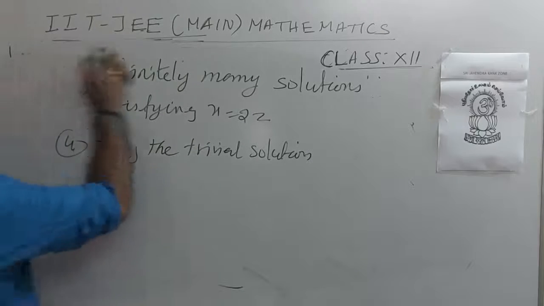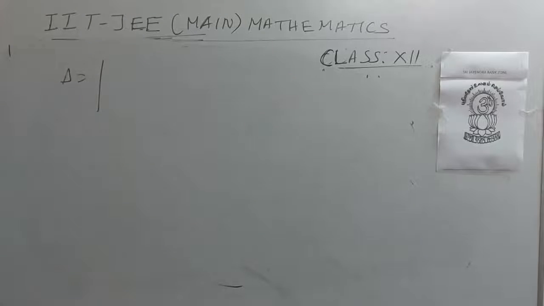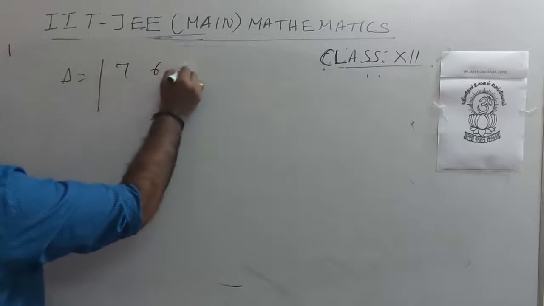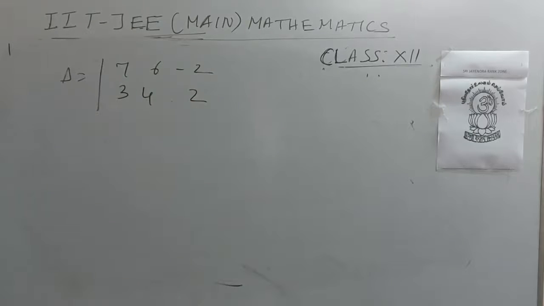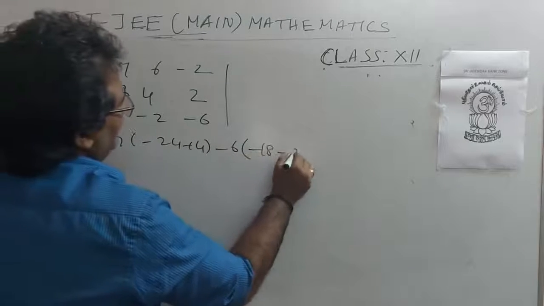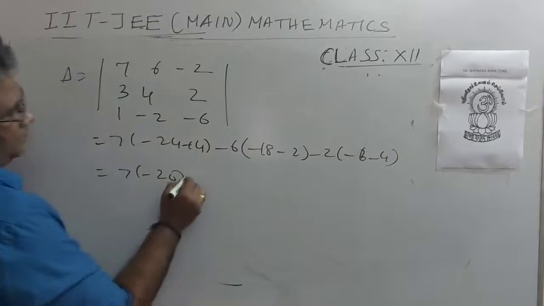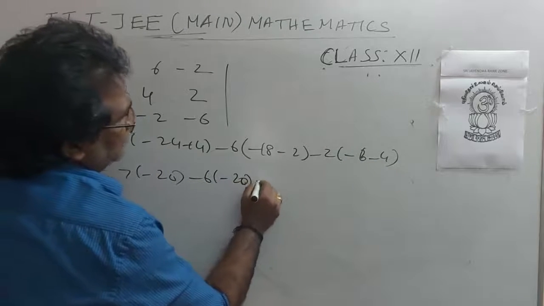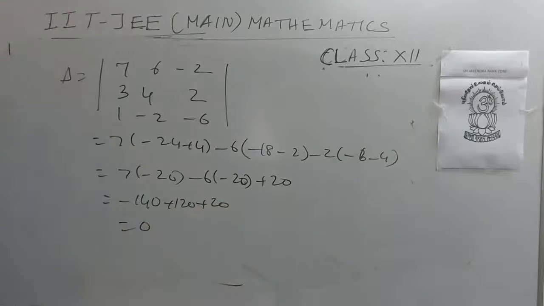Since the system is homogeneous, first find delta. 7 6 minus 2, 3 4 2, 1 minus 2 minus 6. 7 into minus 24 plus 4, minus 6 into minus 18 minus 2, minus 2 into minus 6 minus 4. 7 into minus 20, plus 20, minus 140 plus 120 plus 20, 0.